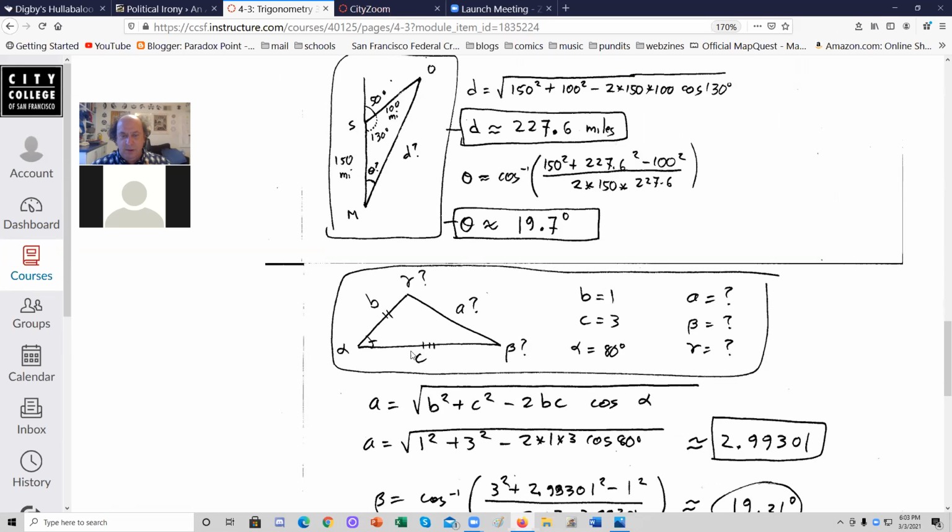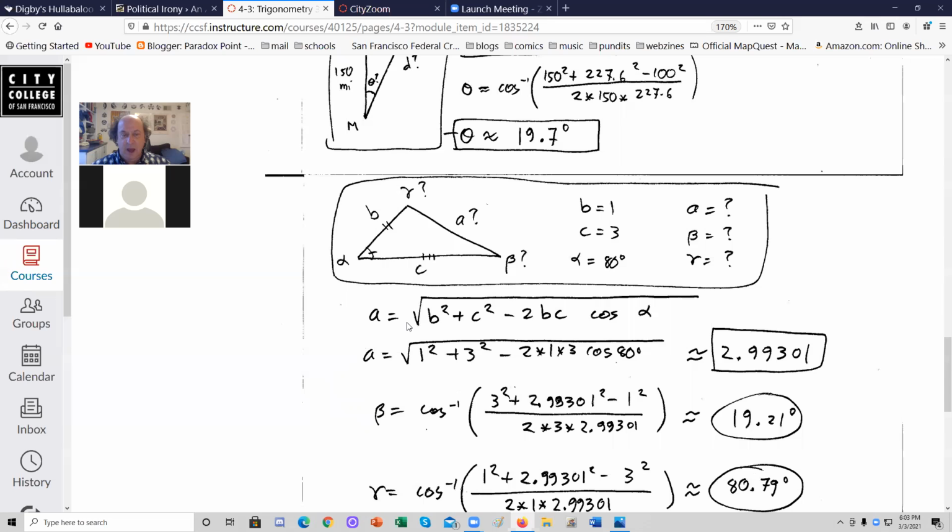Now, B is 1, C is 3, alpha is 80 degrees. What's beta, what's gamma, what's A? All right, A, root of B squared plus C squared minus 2BC cos alpha. 1 for B, 3 for C, 80 degrees for alpha.